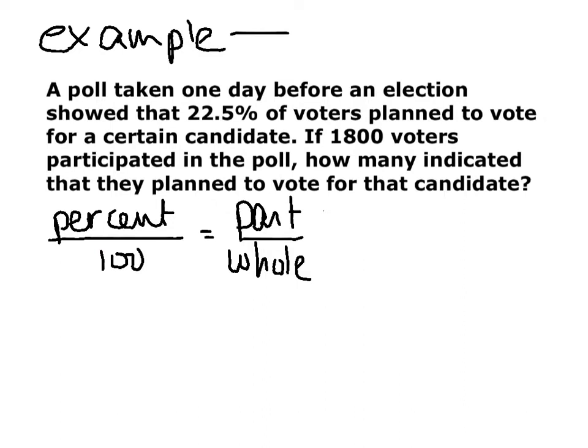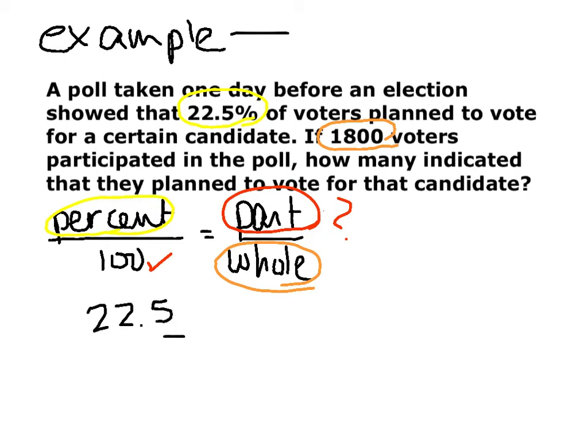First example, a poll taken one day before an election showed that 22.5% of voters plan to vote for a certain candidate. If 1,800 voters participated in the poll, how many indicated that they plan to vote for that candidate? Okay, I have the percent. I have 1,800 voters, that's our whole, and we are looking for the part. That's our variable. Let's do some math. Just plug in the numbers as you see them. 22.5 over 100 equals x, because we don't know the part, over 1,800.